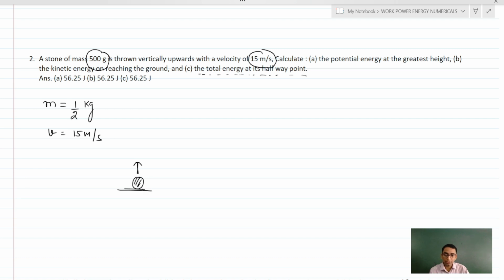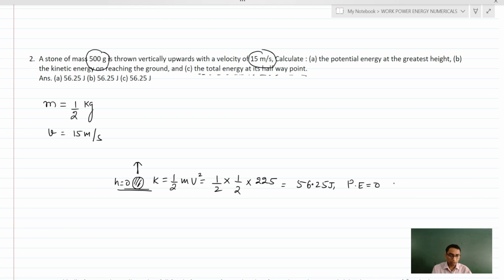When you throw from the ground, it has maximum kinetic energy, because afterwards it is going to decelerate. So the kinetic energy is half mv squared, which is half times half times 15 squared. 15 times 15 is 225, and 225 divided by 4 is 56.25 joules. The potential energy is 0 because the height above the ground at the bottom is 0.